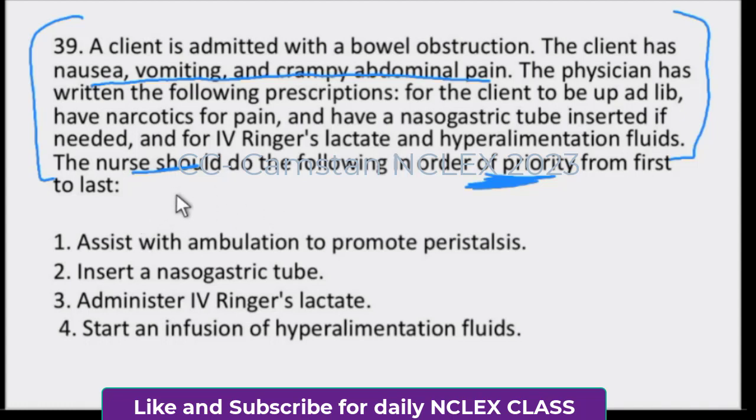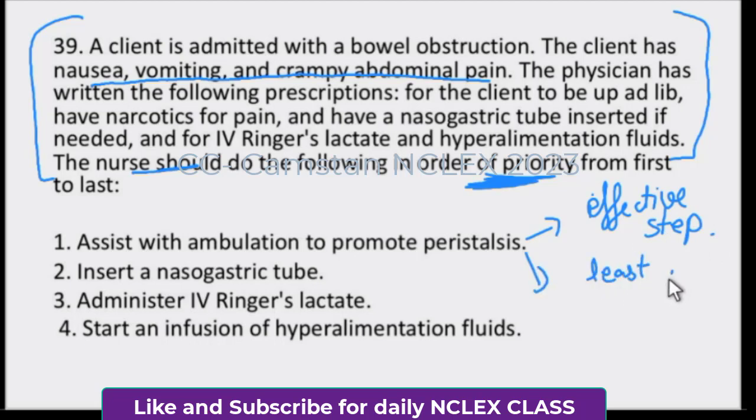Okay. So in this scenario, you have to think like a nurse. The nurse should first help the client ambulate to promote peristalsis, right? Because it is an effective step, and also the least invasive procedure.